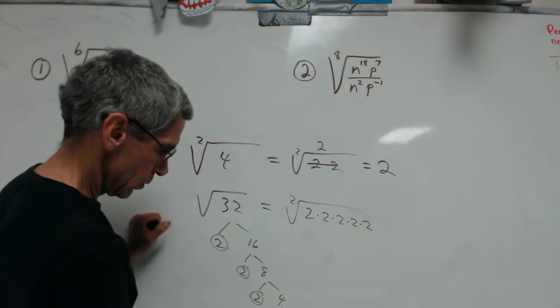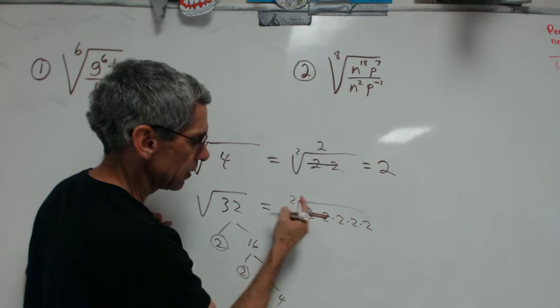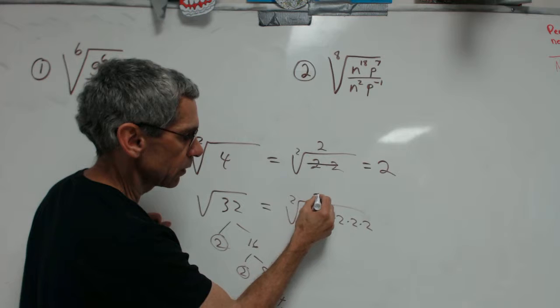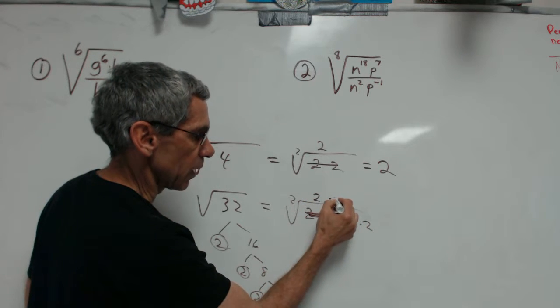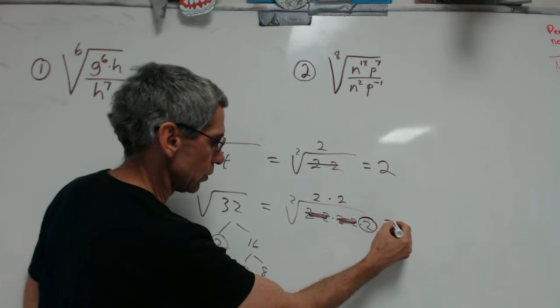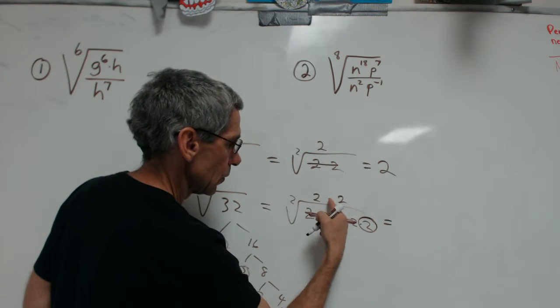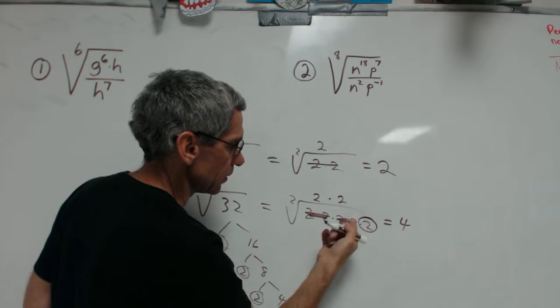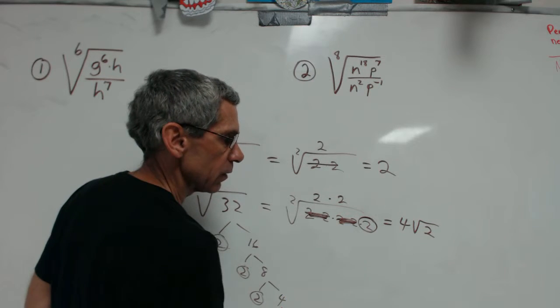That's it, right? So any 2 of the same number can come out as 1 of those. Another 2 of those same numbers can come out as another 1, and you multiply them together. This is still left over, so it would be 2 times 2, 4, that's on the outside, square root of 2 on the inside, right?